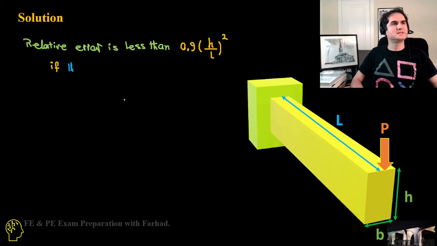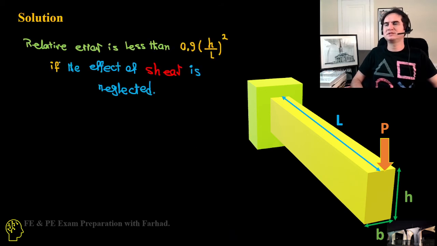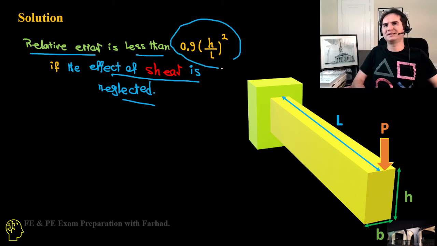And what that says is a very interesting fact: the relative error is less than 0.9 times (H over L) squared. So if the effect of shear is neglected, our error is nothing bigger than this value.